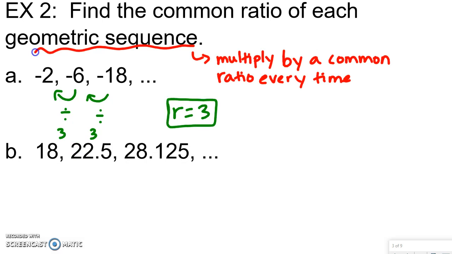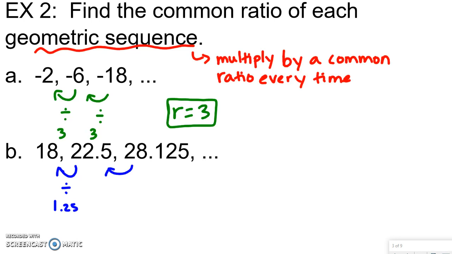Okay. Now it might not be quite as obvious, so we might have to get out our calculator. And we're going to divide backwards. So 22.5 divided by 18, that's 1.25. And then let's check and make sure it's the same thing here.